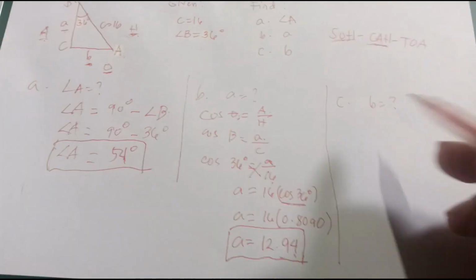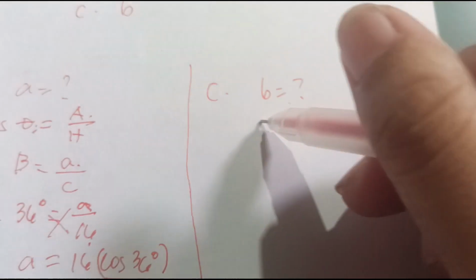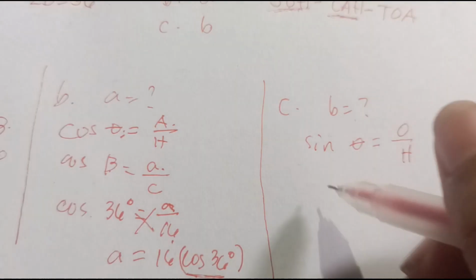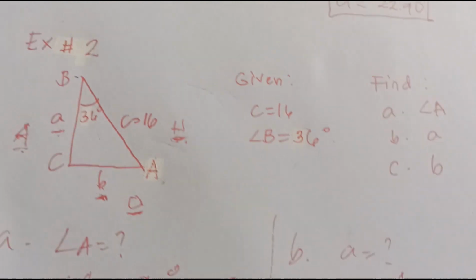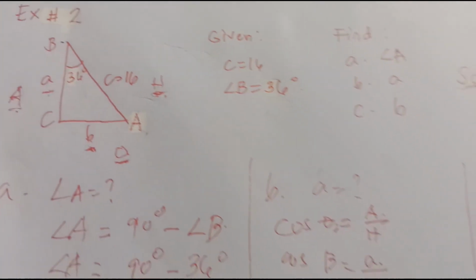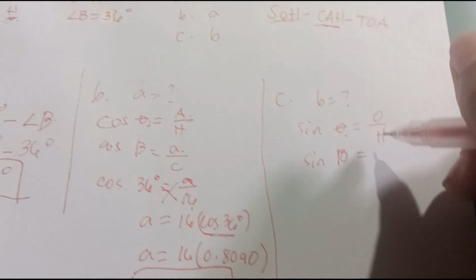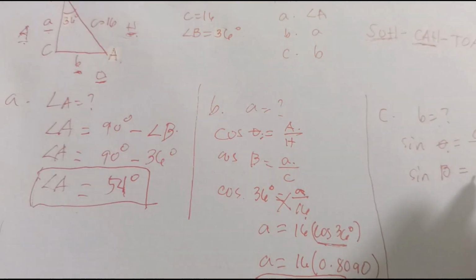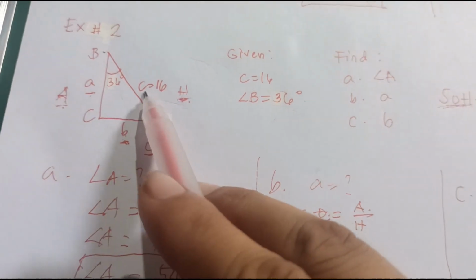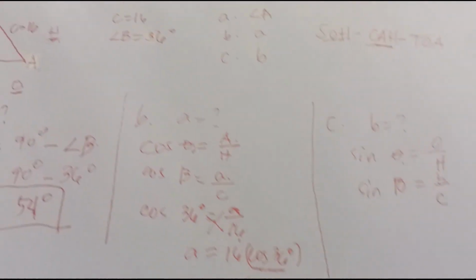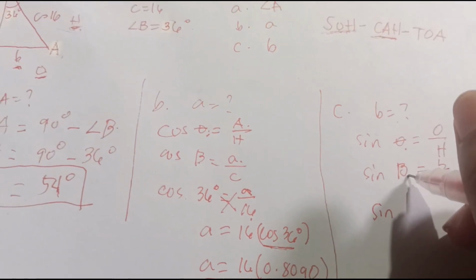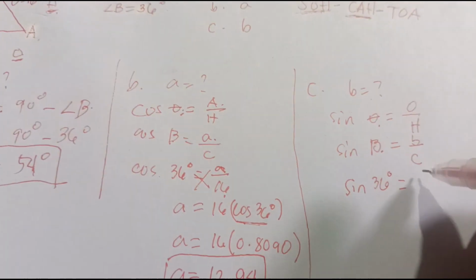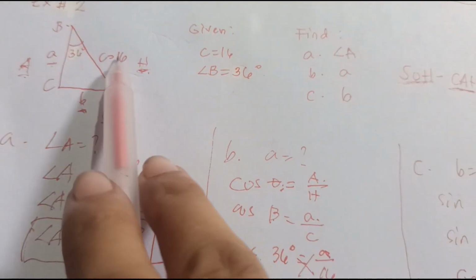Therefore, to solve for side B, we're going to use sine theta equals opposite over hypotenuse. Our reference angle is B, the opposite side is letter B, and the hypotenuse is letter C. We substitute the given: the measure of angle B is 36 degrees, B is missing, and C is 16.